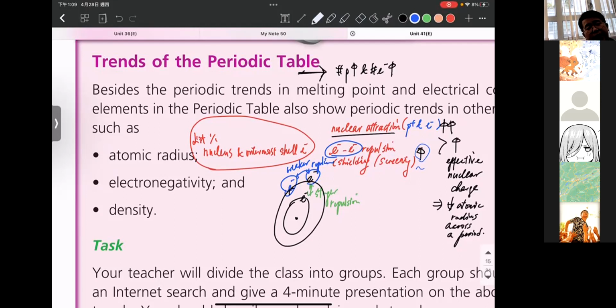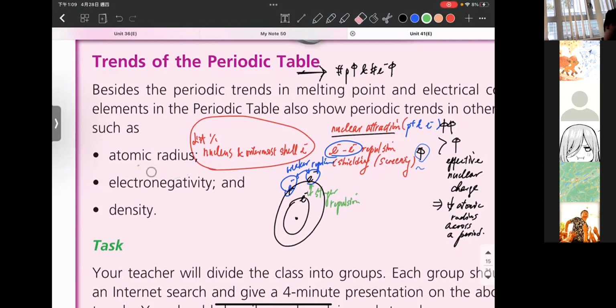Now you may find the others by yourself. I don't want to mention them one by one. Now, how about electrical conductivity? What is the trend? I'm just talking about the trend, not the explanation. You leave that by yourself. The trend will be increased, right? Increase across the period. How about down the group? It will decrease.